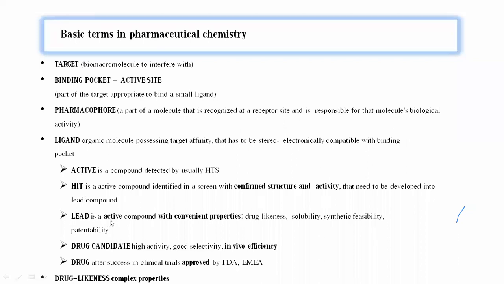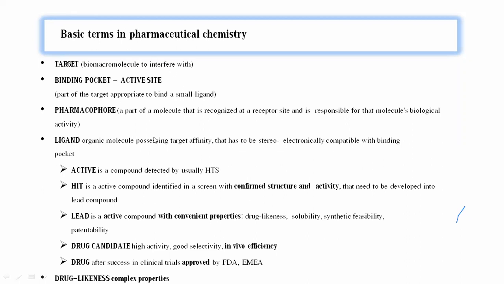Now, lead is an active compound with convenient properties. We know drug molecules must have a target site, a binding pocket, an active site, and a pharmacophore which is recognized by the receptor. It is going to be associated with some type of affinities.